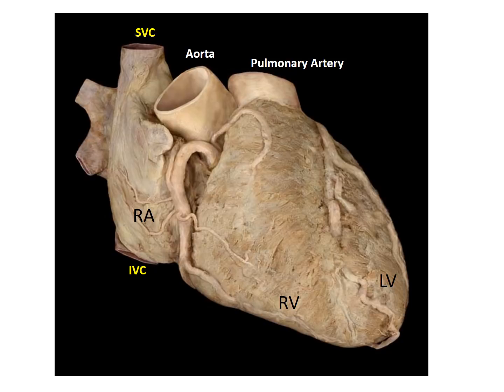And then looking at the primarily right side of the heart here, you can see the superior and inferior vena cava coming back to the right atrium. You can see the pulmonary artery coming out of the right ventricle, again taking blood to the lungs. The pulmonary artery is in front of the aorta.